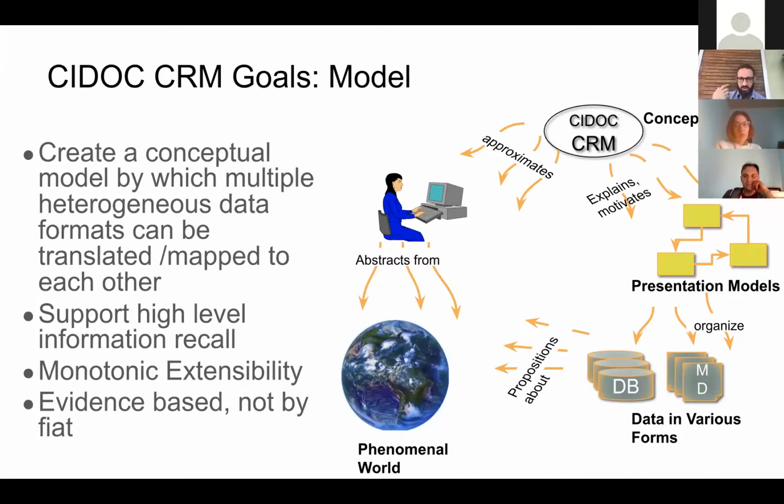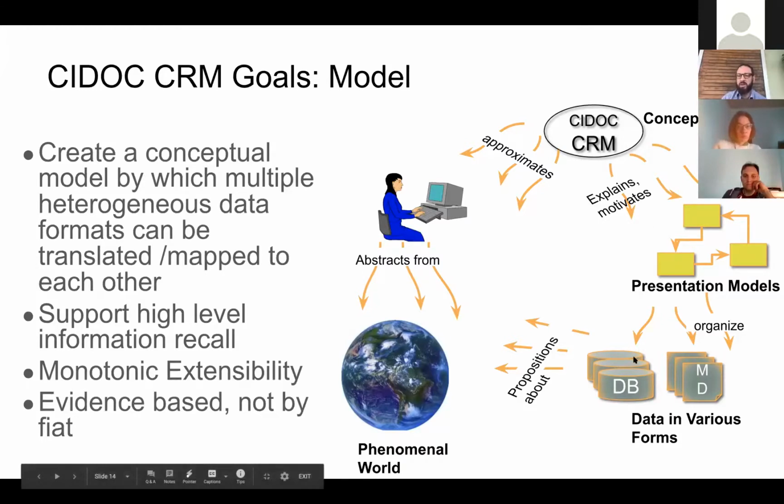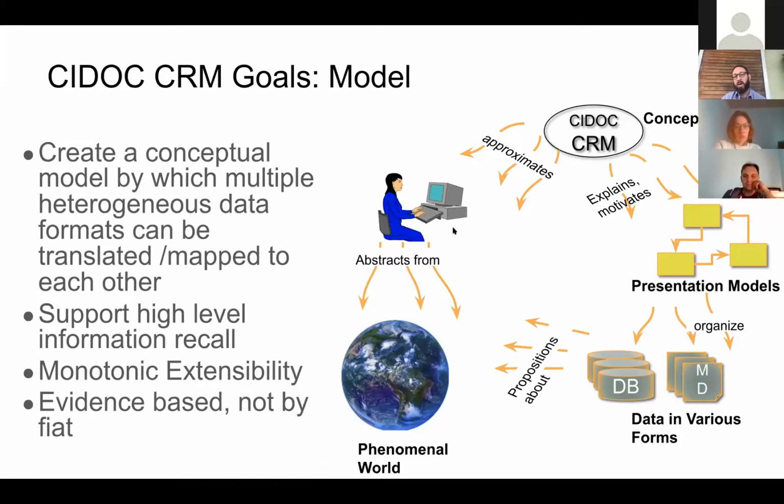So the science and the art is to find just the limited kinds of things and kind of relations that you need to talk about everything that could go in a museum database, in a conservation database, and so on and so forth.